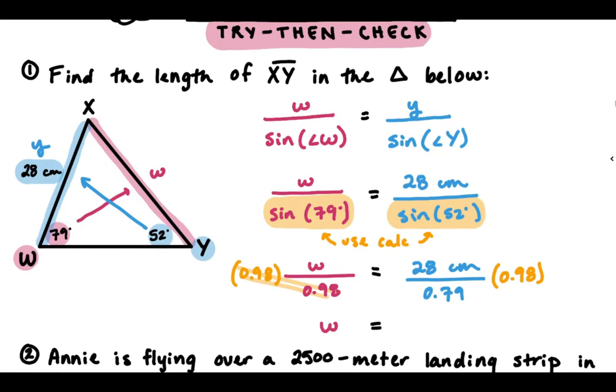And then on the right side, I just need to simplify this. I can start by doing 28 over 0.79, leave what you get as your answer, and then multiply by the 0.98. When I round, I get 34.73.